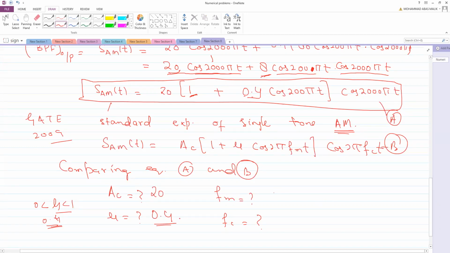Okay, then fm, anybody? 200 pi t. No. How can you say 200 pi t? Because this is cos 200 pi t. Can I write this as cos of 2 into 100 into pi into t, and then the general expression we have is 2 pi f t. 2 and 2 are compared, pi and pi, t and t, so f will then be equal to 100.